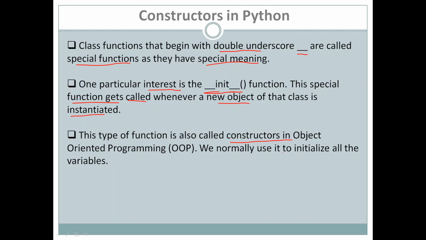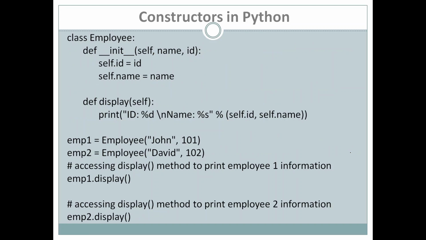We normally use it to initialize all the variables. Now in Python, init function is used as a constructor because this function is called whenever we instantiate an object. Okay, let's see an example of how we can declare this init function.